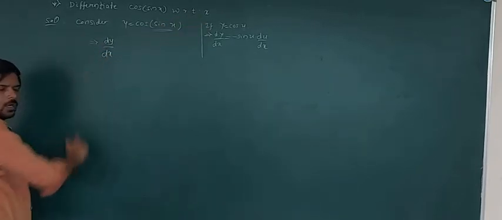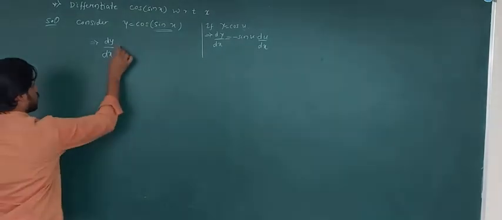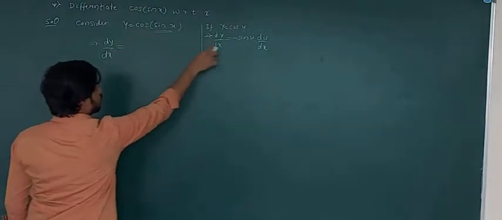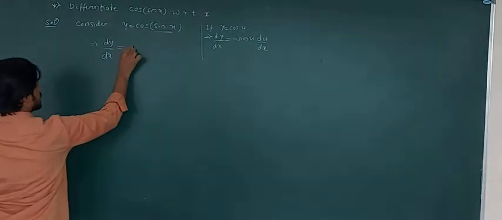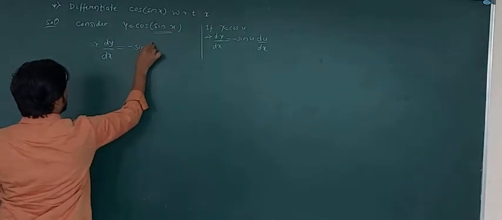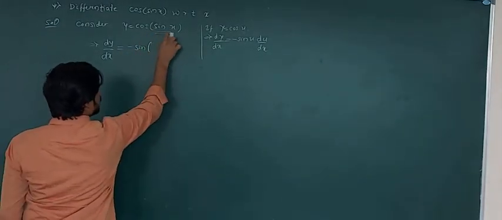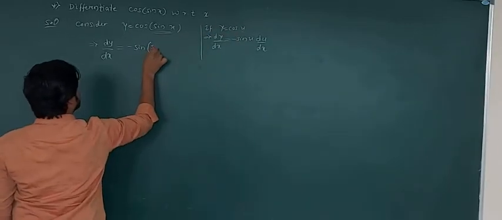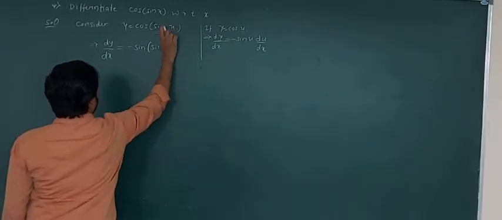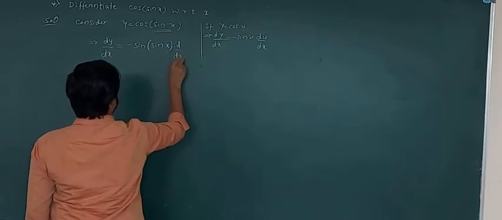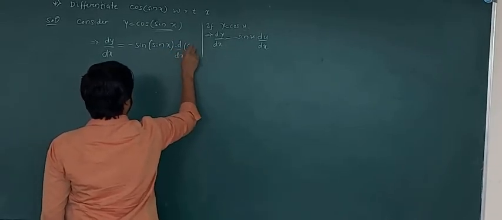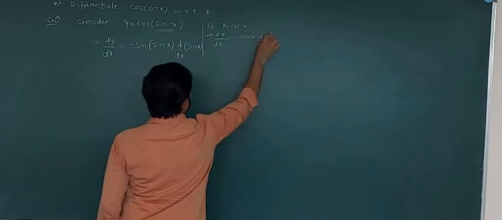So therefore dy by dx is equal to, here cos is there, so cos differentiation is minus sin. So minus sin, in place of u we have sin x, so therefore sin x into d by dx of sin x, because we have here du by dx.